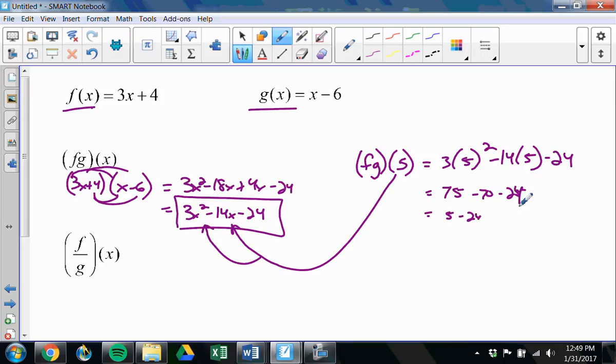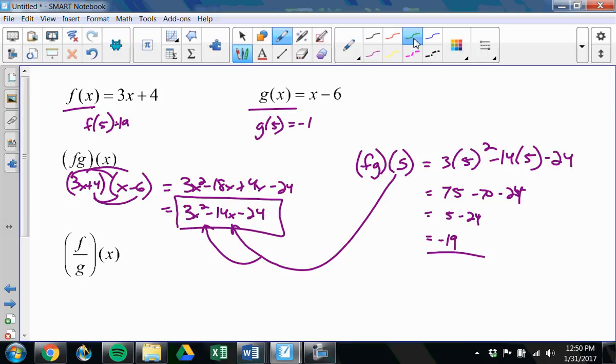So that's a 4 right there, trust me, and that's negative 19. Or I could find f of 5, which is 19, g of 5, which is negative 1, and multiply those to get negative 19. So multiplying and dividing, not much difference.